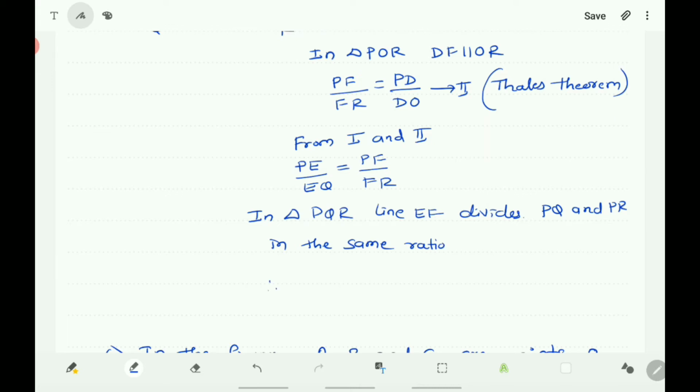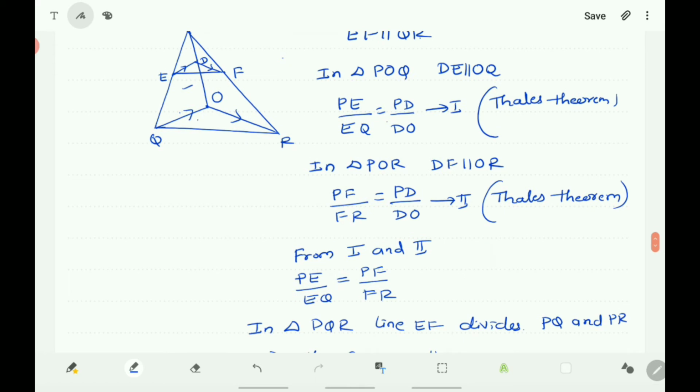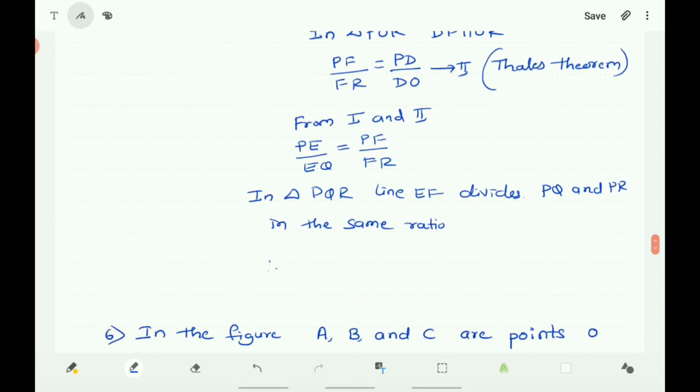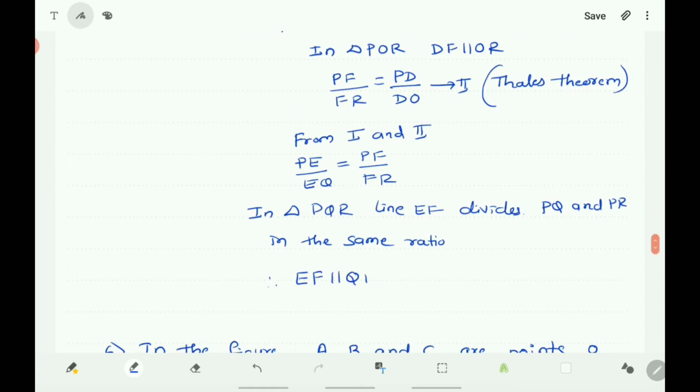Therefore you can say that the line is parallel to the third side, that is, EF is parallel to QR. That is the converse of the Thales theorem here.